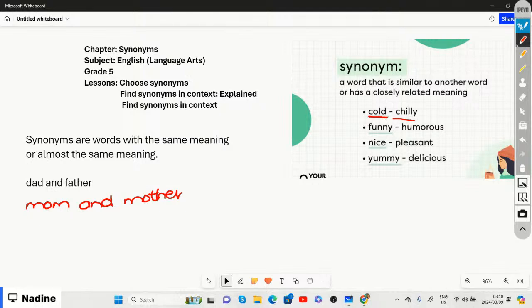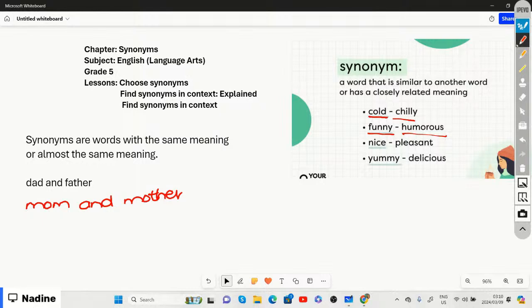Like you are saying that it is very cold. So cold and chilly, they basically mean the same thing. Or funny and humorous. It's basically the same thing, just two different words, same meaning or similar meaning.